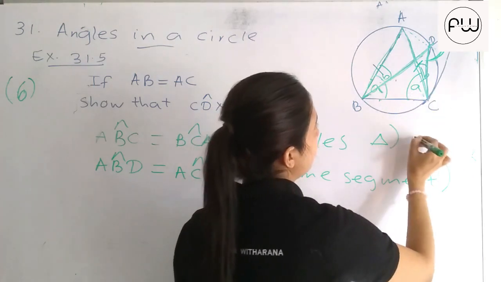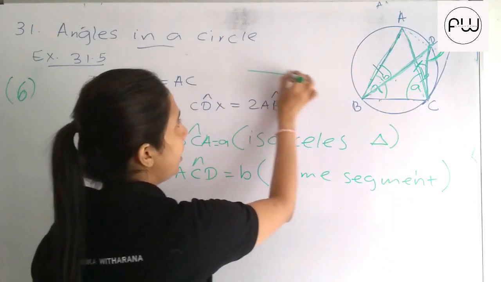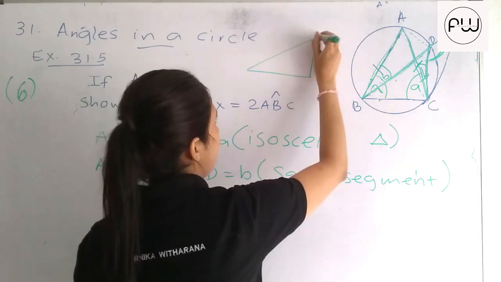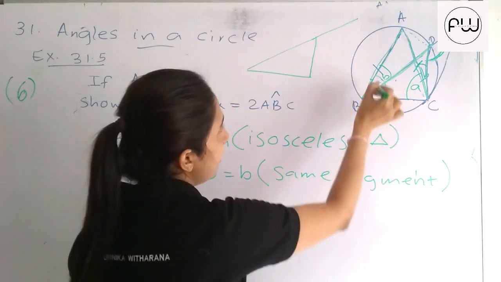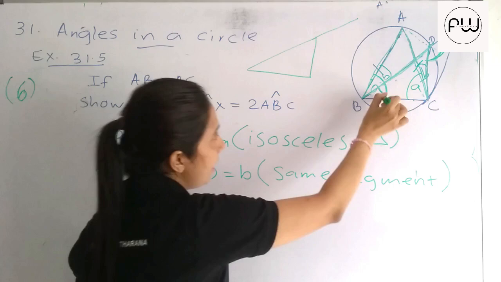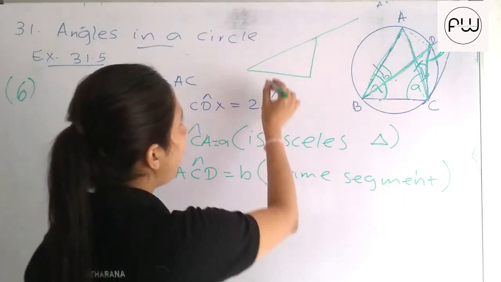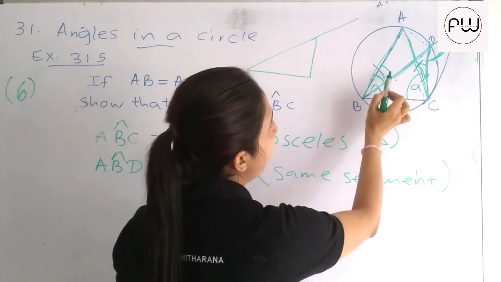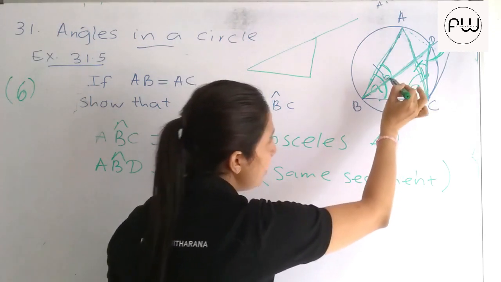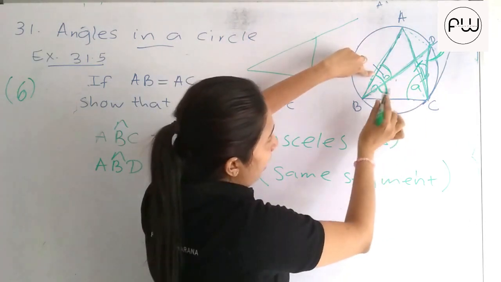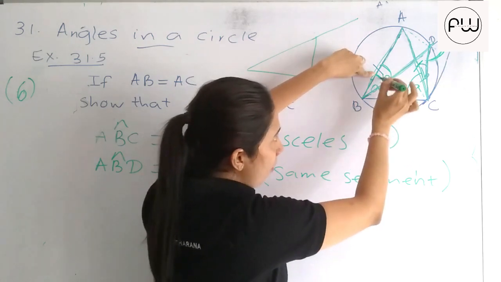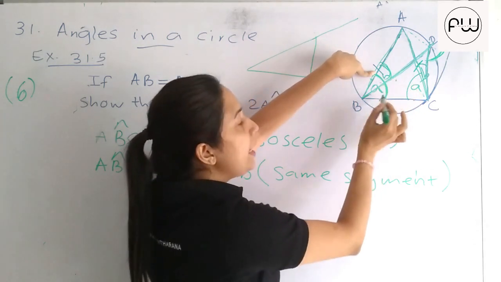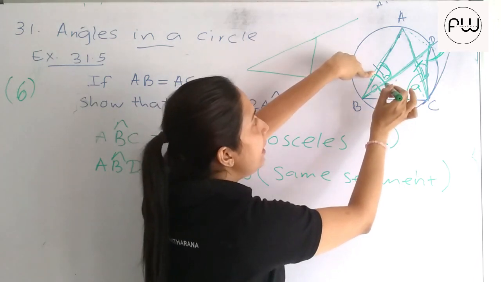BCD triangle. See, I'm drawing it here. Then this whole angle is A. Then you can find the magnitude of this one, because we already know the magnitude of this angle as well. This whole one is A. Then we can subtract this part and find the magnitude of only this part.